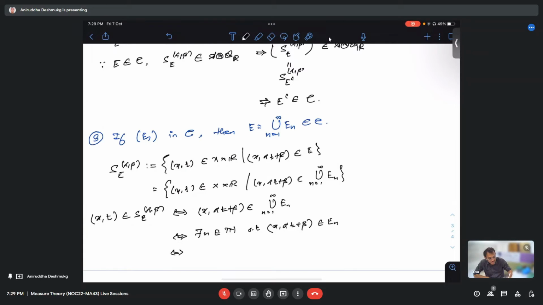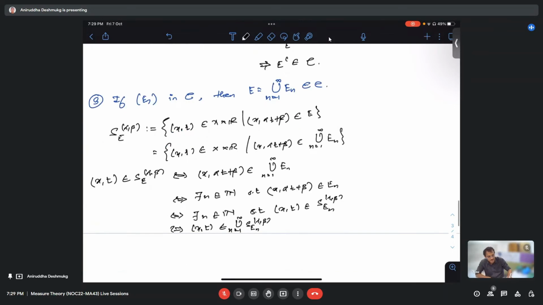But what does this mean? It belongs to at least one of the S of En alpha beta. Correct. So there is this n such that x comma t, not alpha t plus beta, belongs to S of En alpha beta. But then this means that xt is inside this bigger union S of En alpha beta.